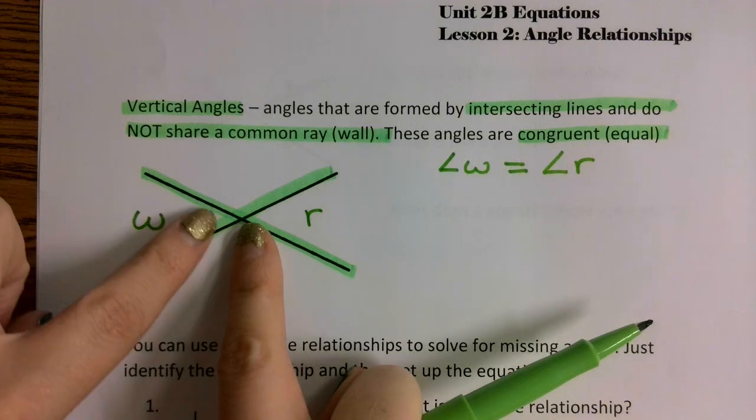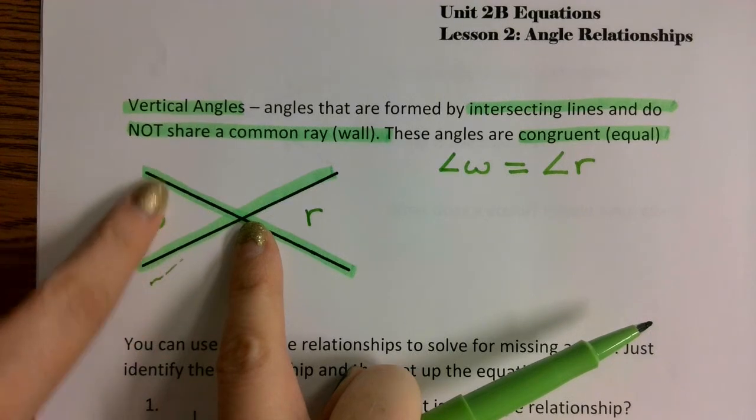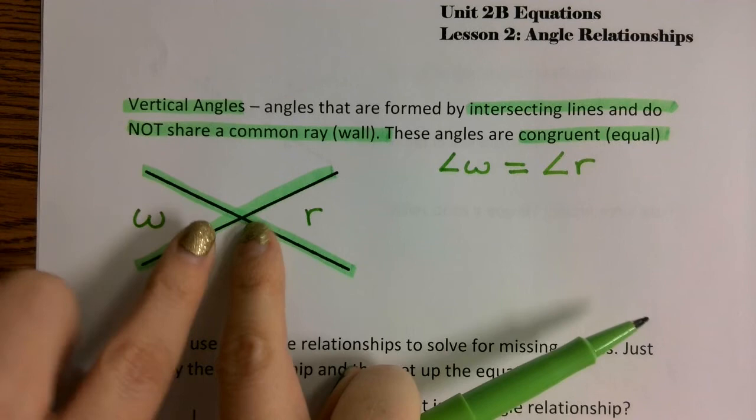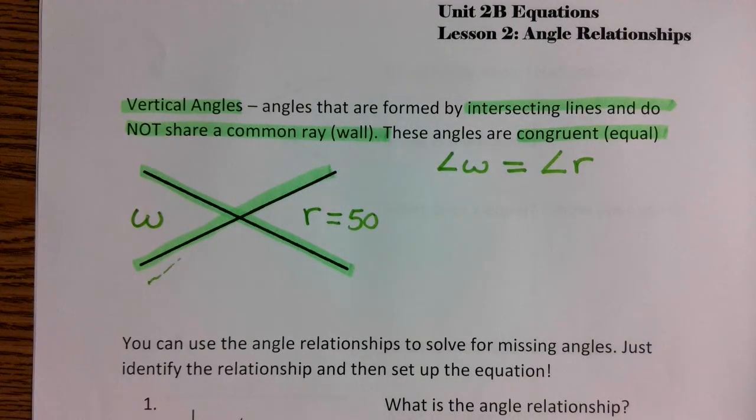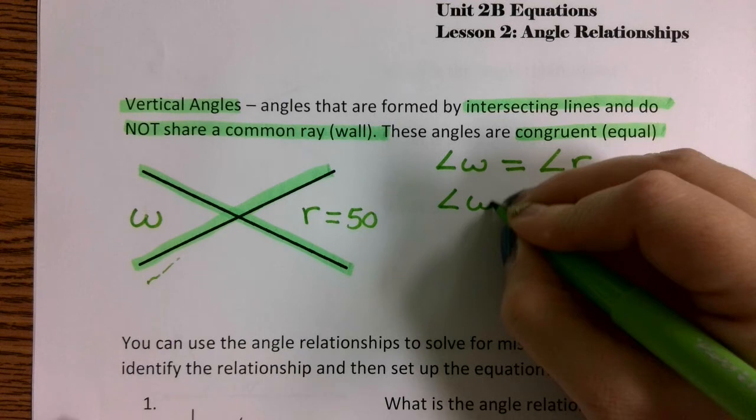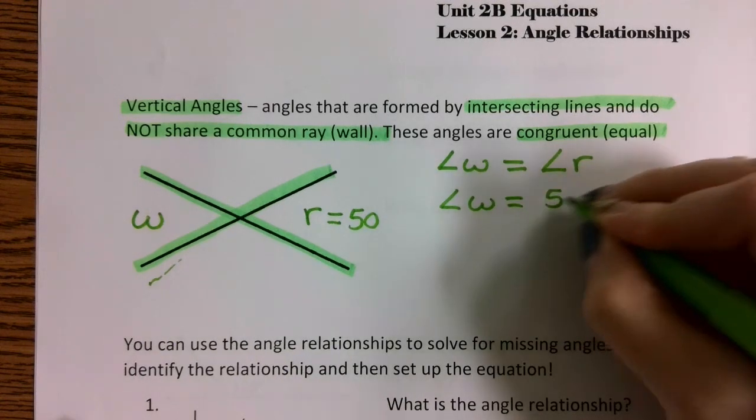Once they stop at that point, angle W is just these two lines right here, and then angle R is just these two lines. So that's what I mean by they don't share a common ray. They don't share a common wall. Okay, so if R is equal to 50, then that means W is equal to 50. Okay, so angle W would be equal to 50.